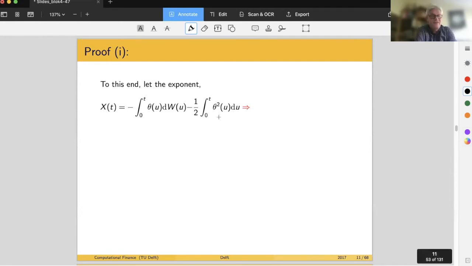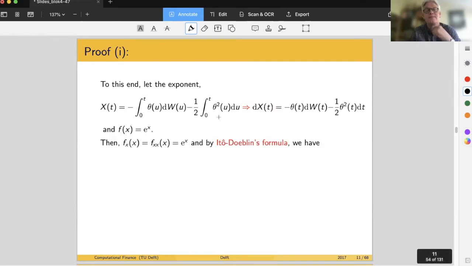And in differential notation, we know this: dX_t is equal to minus theta_t dW_t minus 1/2 theta squared t dt. Here you see it, dX_t equal to minus theta_t dW_t minus 1/2 theta squared t dt.